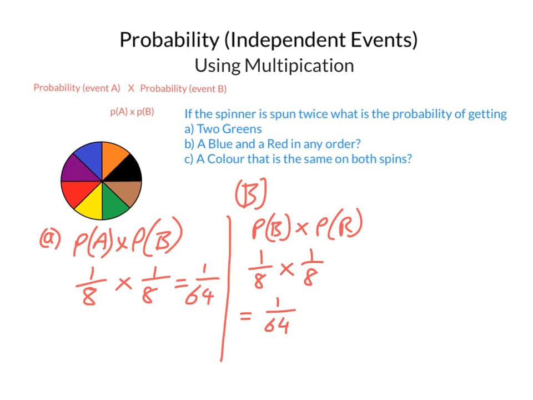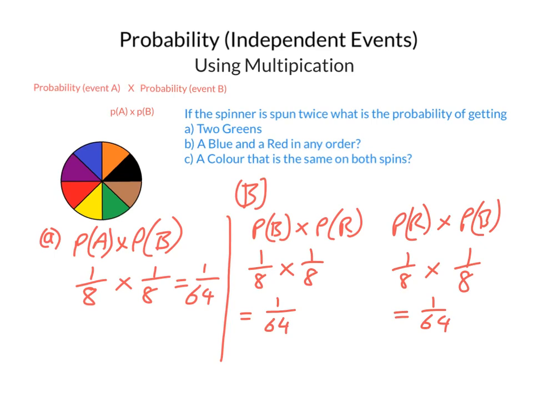But remember, we could also get a red, and then we could get our blue on the second spinner. So that's going to be a 1/8 multiplied by a 1/8, which is also going to give us a 1 in 64 chance.